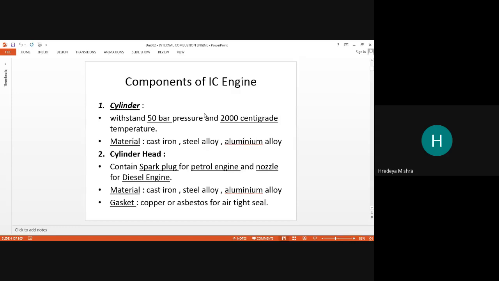Gasket. The gasket is copper or asbestos, providing an airtight seal. It is provided here to stop the leakage. Means from the gasket we can stop the leakage of the fuel air mixture.